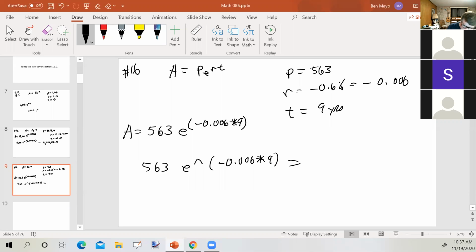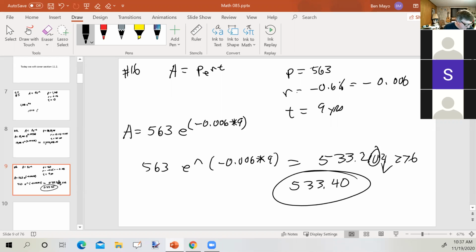And I get 533.404276. So that's 533.40, rounding to 2 decimal places because the 4 would round down.